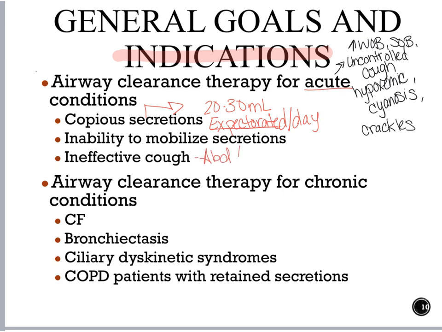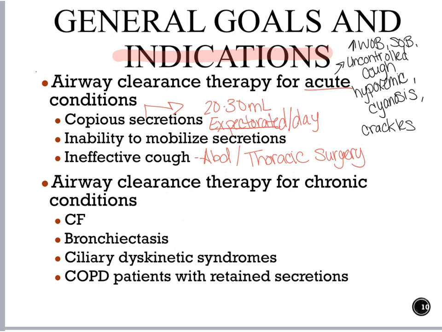So it's painful. I will teach you about splinting once we talk about guided coughs. They don't want to cough. They're in pain, and if they're on pain medication on top of it, their cough isn't going to work to get it up and out. And we don't want it to just sit in their lungs, because then we are worried about infection and atelectasis and everything else that comes with it.